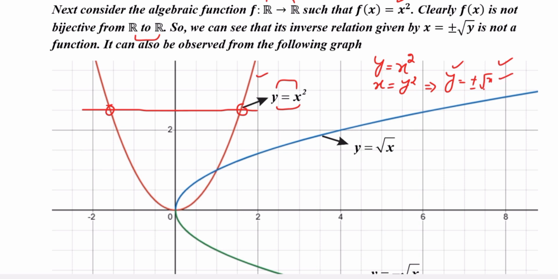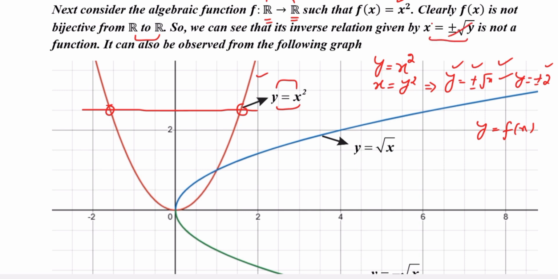Algebraically, you say if for a unique value of x there is a unique value of y, then we say that y is equal to f of x is a function. But when you put here x is equal to, suppose, 4, you have y is equal to plus minus 2, and both values are eligible because my codomain is the set of real numbers R and domain is also the set of real numbers R. So I can say here this is just an inverse relation.